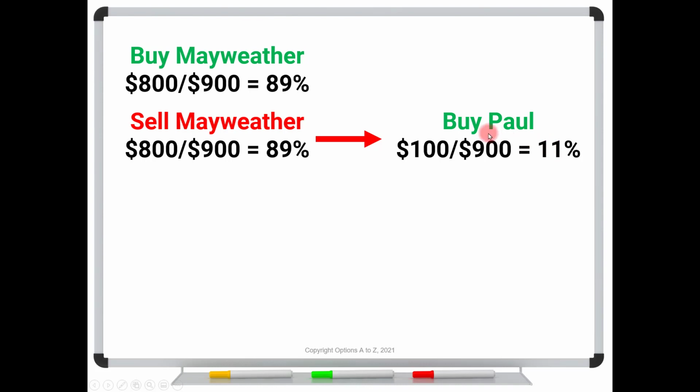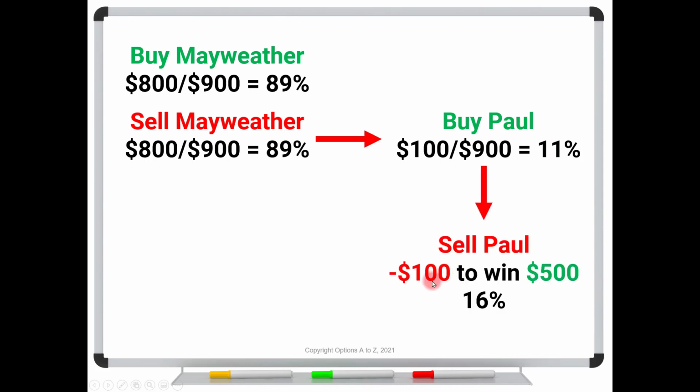They are mathematically buying Paul at 11%. But what was the percentage at which they were willing to sell Paul? That was spending 100 to win 500, or 16%. So notice that they are buying Paul at 11 and selling at 16, and there is your 5% edge against you. So again, I just wanted to make this fun and to show you that there is always an edge against you somewhere, and if you don't know where it is, you probably shouldn't be placing the trade.